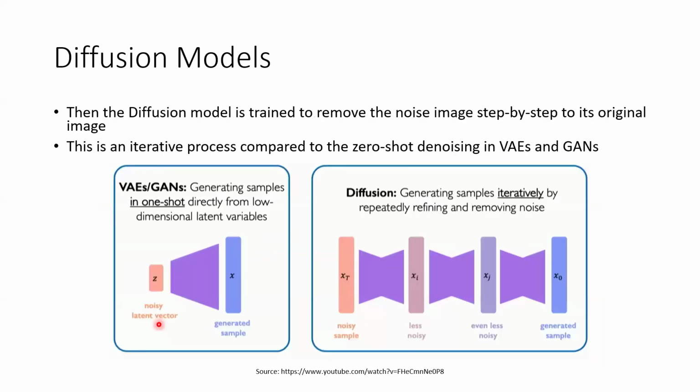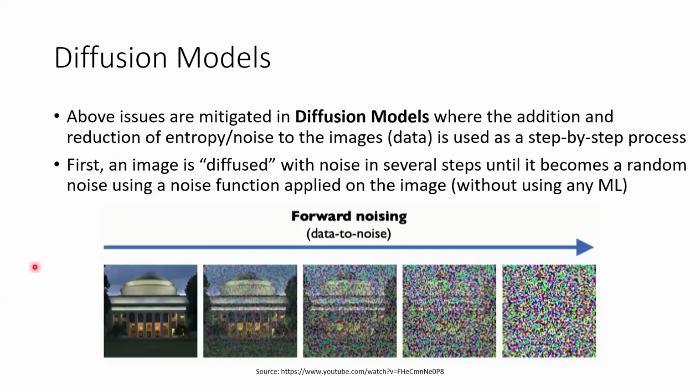Now, what we are trying to do is go back to the original image through all the steps that we have come across, backwards, until we get to the first original clear image using a neural network.